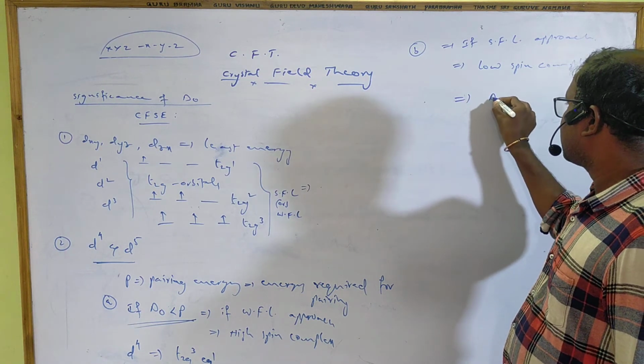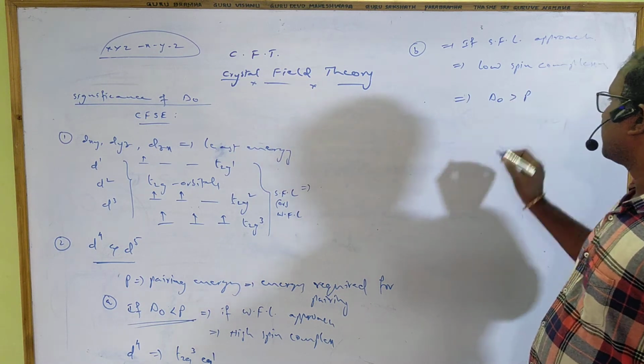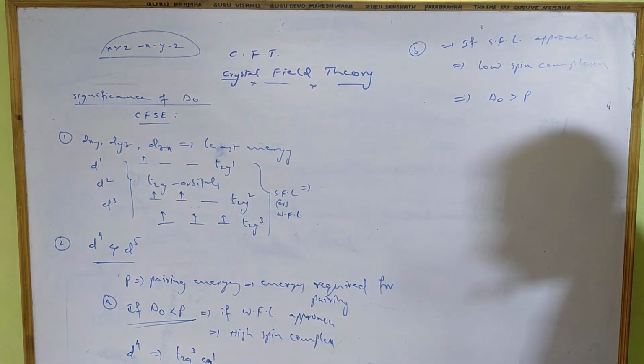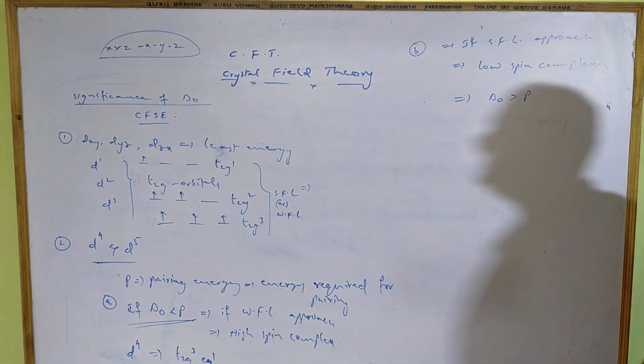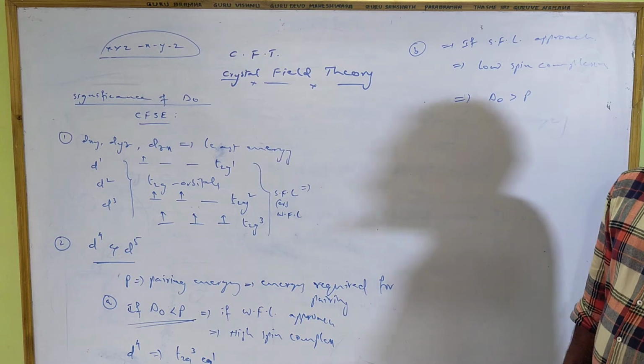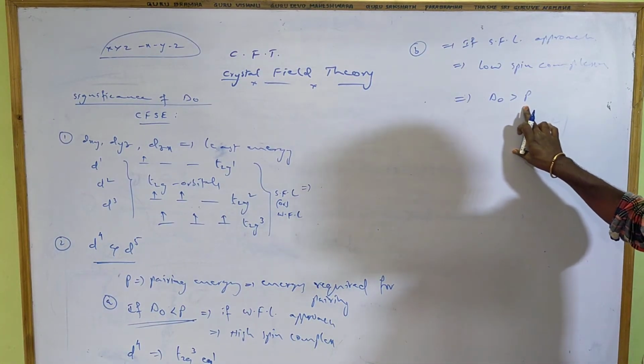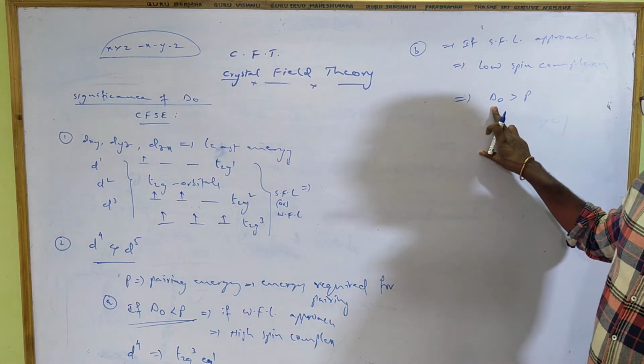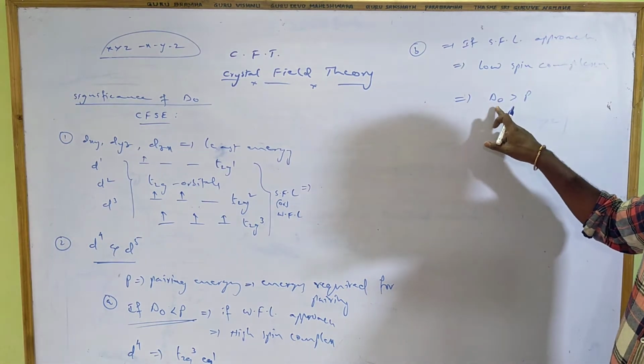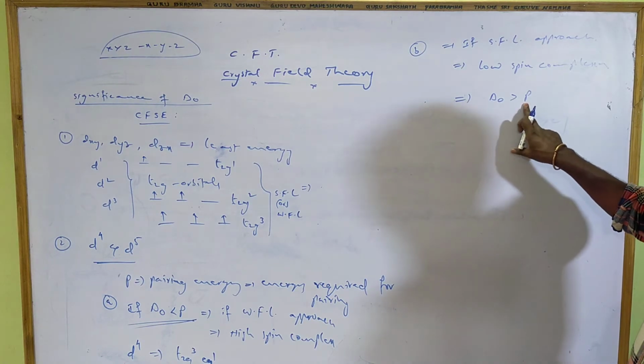In low spin complexes, delta O becomes greater than P. The crystal field stabilization energy, the energy released by the stabilization, is more than the energy required for pairing.